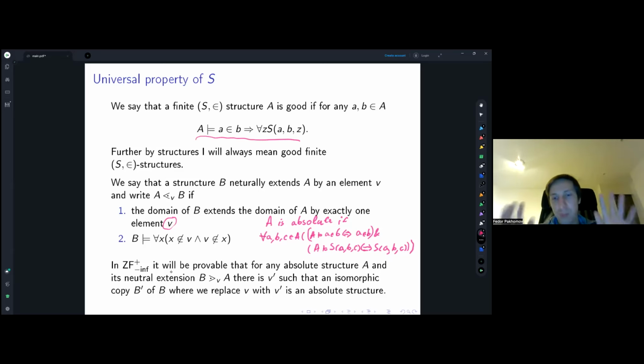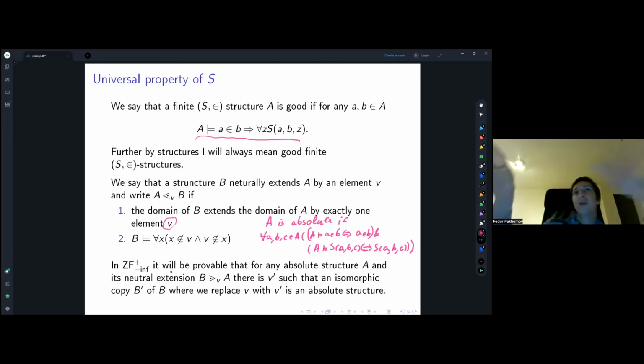Yeah, so the point is, this is of course a certain kind of universal property, right? Essentially we're saying that any possible neutral extension is realized inside.